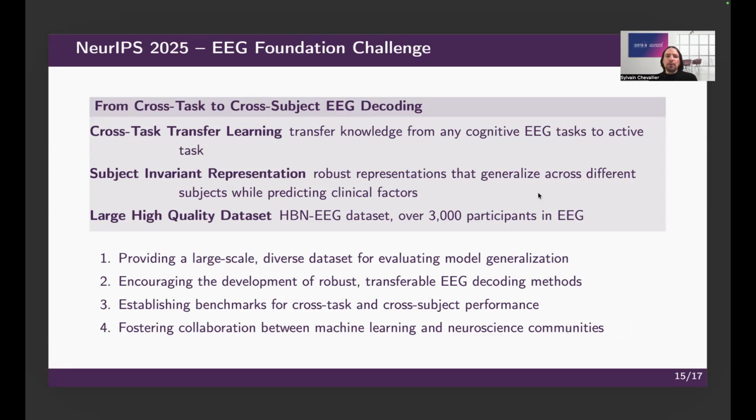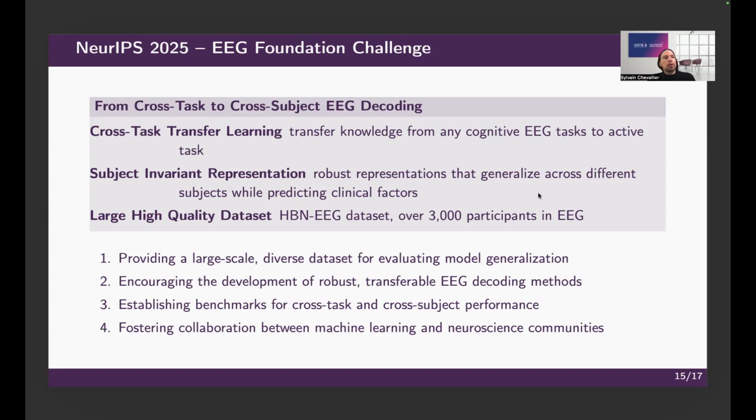What we wanted to do is to reach what should be the very heart of a foundation model, that is the ability to do cross-task and cross-subject EEG decoding. So we pushed for cross-task transfer learning, being able to transfer knowledge from very different EEG cognitive tasks to a specific active task.